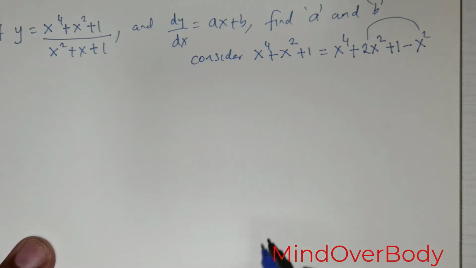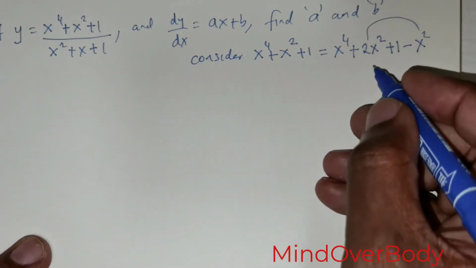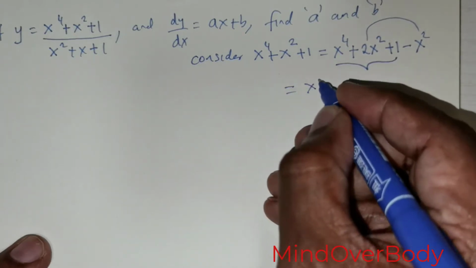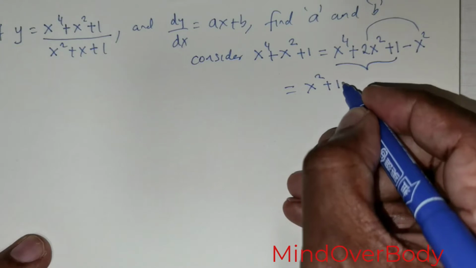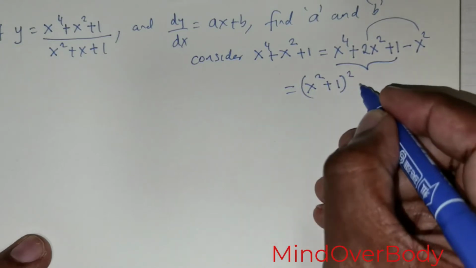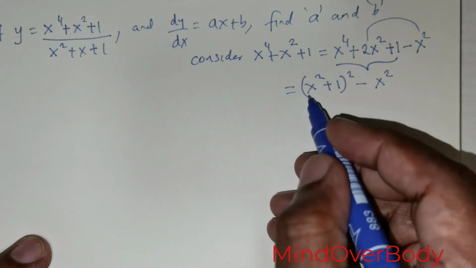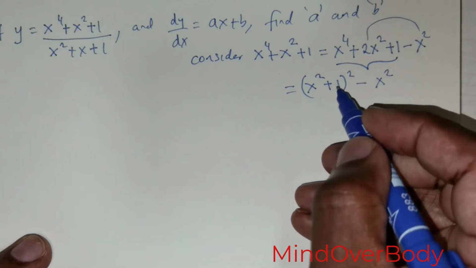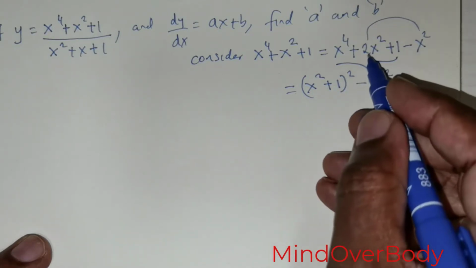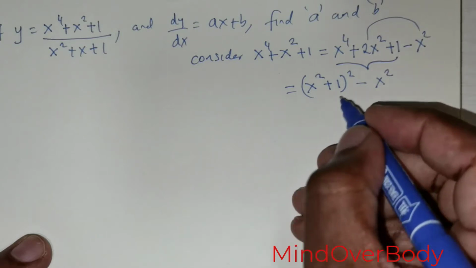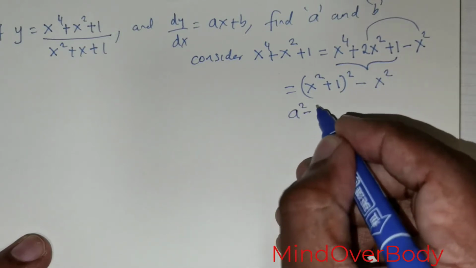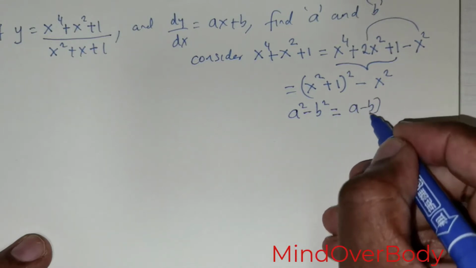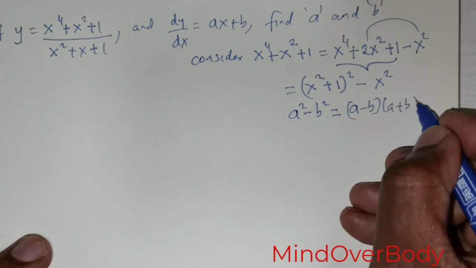So now I would like to rewrite this. This is going to be (x² + 1)² followed by this - x², because when I expand this using the (a + b)² formula, I'm going to get this back again. Now this is of the form a² - b², which can be rewritten as (a - b)(a + b).